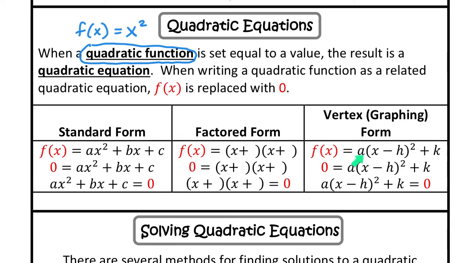So we have expansion, compression, reflection, horizontal translation, and vertical translation. So this is vertex form. And when you take this function and you set it equal to 0, it changes from being called a function to being called an equation. An equation equals 0, a function equals f of x.